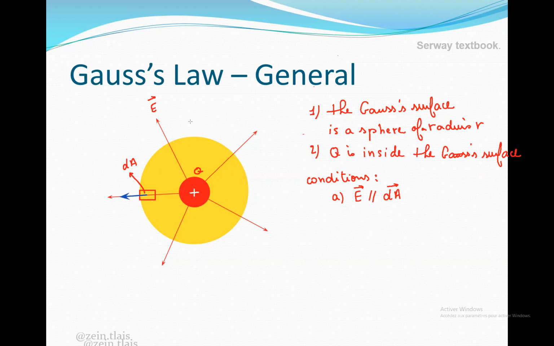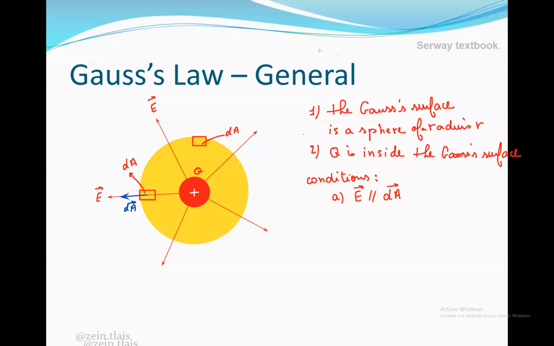We can draw this one in blue to distinguish. Here we have dA, and here we have E. You see here at this point E and dA are parallel, and the angle between them equals 0. At any other point, we can take another dA. Here we have a small dA.